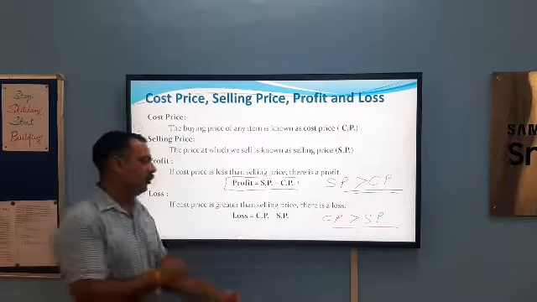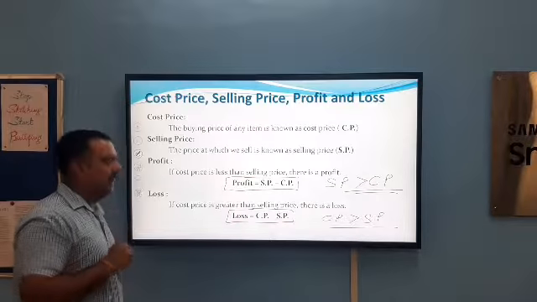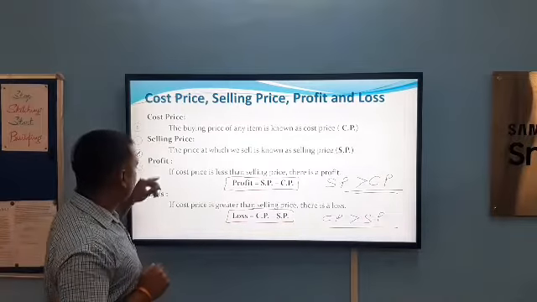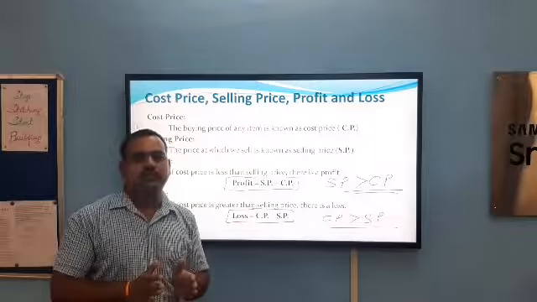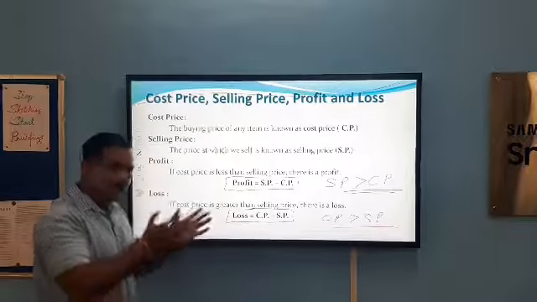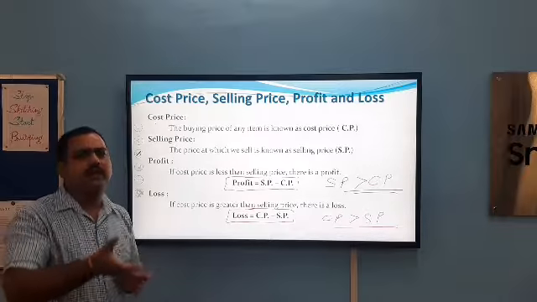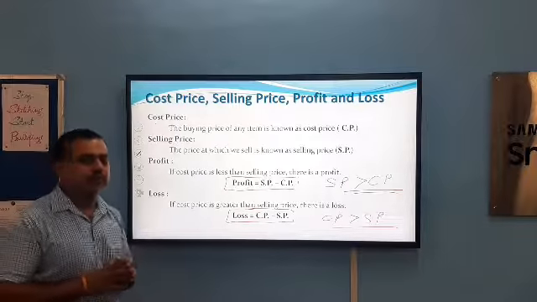So loss is equal to cost price minus selling price. Here one thing we always remember, that profit and loss always depend on the cost price, because the cost price is the initial amount which takes place in the process of buying and selling. So these two things always depend on the cost price.